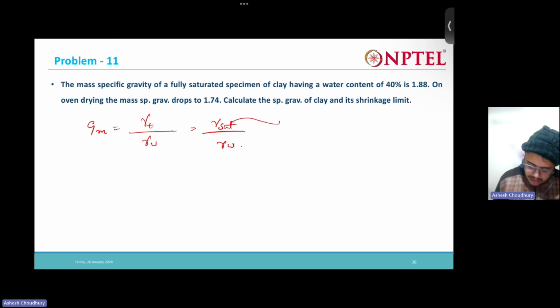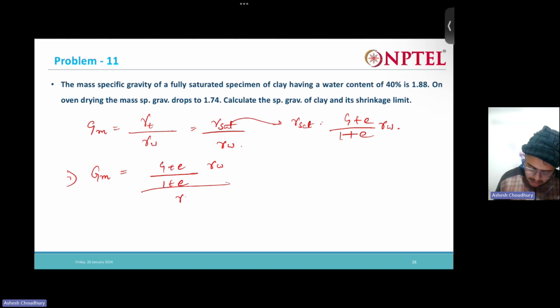Now GM is nothing but G plus e by 1 plus e, gamma W by gamma W. So gamma W cancels.